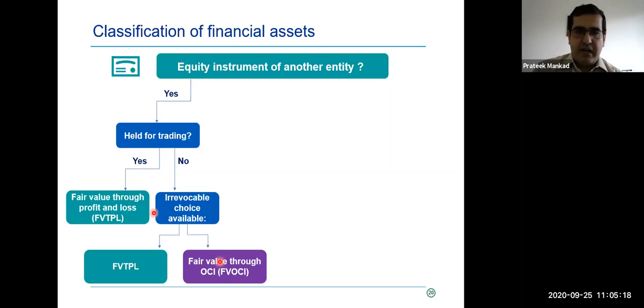What is permissible, however, is, say on 1st of April, you bought 100 shares of a company and classified them as fair value through OCI. Now on 1st of July, you purchase another 100 shares. Those 100 shares can be FVTPL. That is permissible. So yes, the answer is the same investment, different tranches can sit in FVTPL and FVOCI.